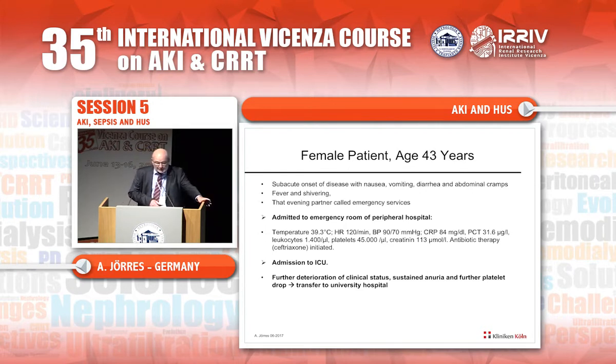Antibiotic therapy was initiated with ceftriaxone, and because of the low blood pressure, the patient was admitted to ICU. Unfortunately, she developed a further deterioration of her clinical situation, developed sustained anuria, and platelets dropped further when she was then admitted to a tertiary service at our university hospital.